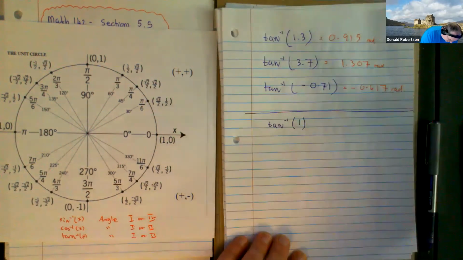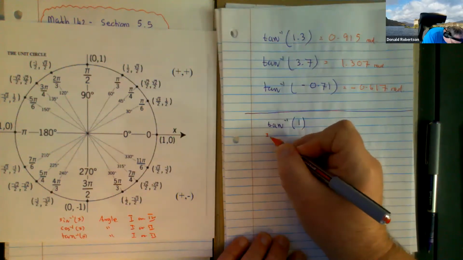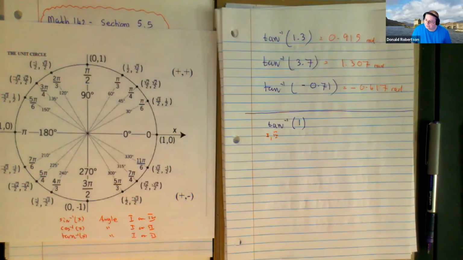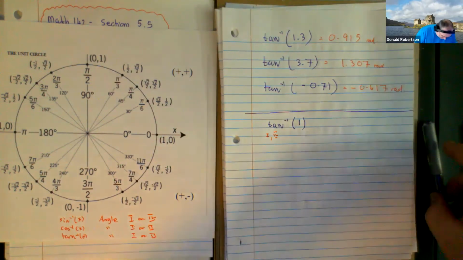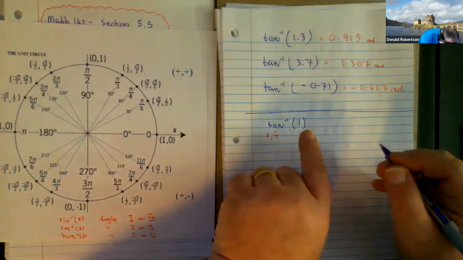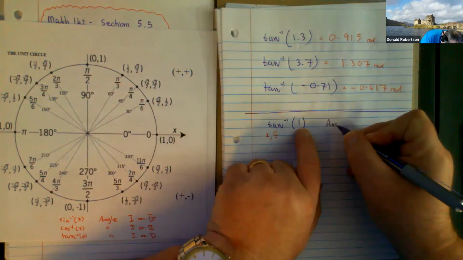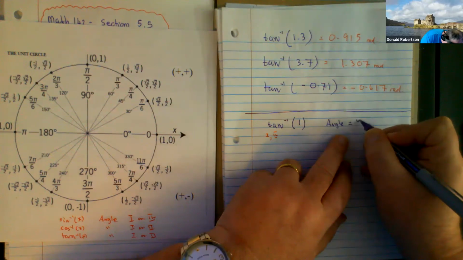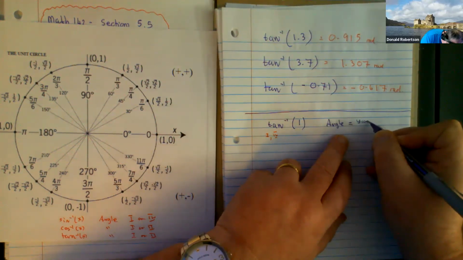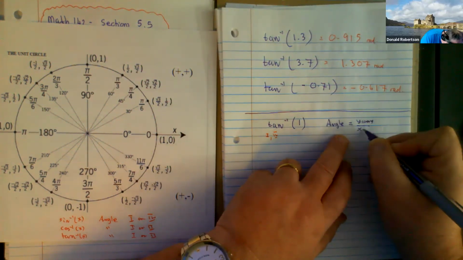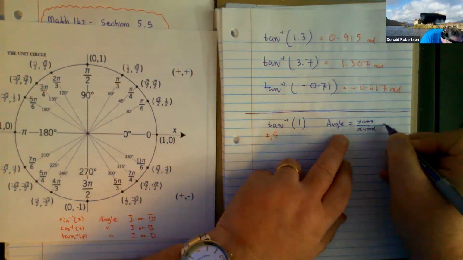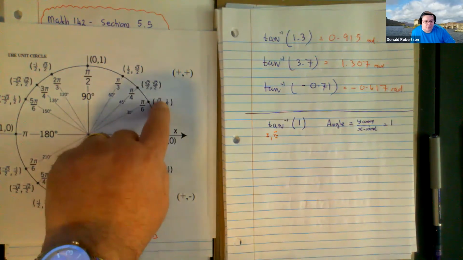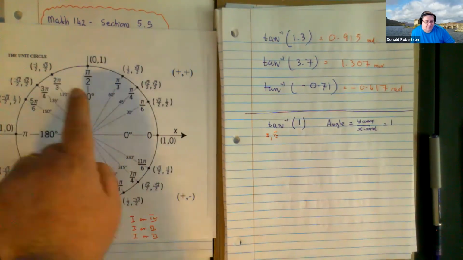And I know that the answer I'm going to get has to be in the first or fourth quadrant. Now, we're looking for an angle. The inverse tan of 1 is an angle, and it has the property that the y coordinate divided by the x coordinate has to equal 1. So basically, don't we have to scan through all of these coordinates?